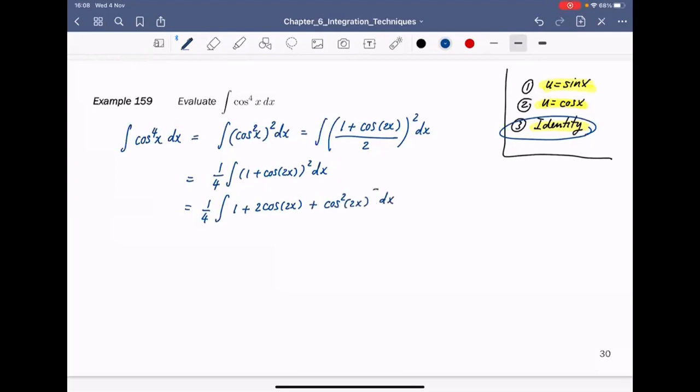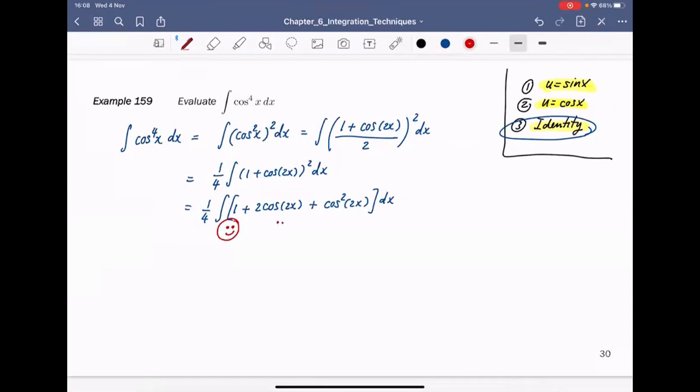You can see that this is not the simple one. Let's take a step back and look at the terms here. You can integrate 1, right? Everyone knows how to do it, because the integral of 1 dx is just x.